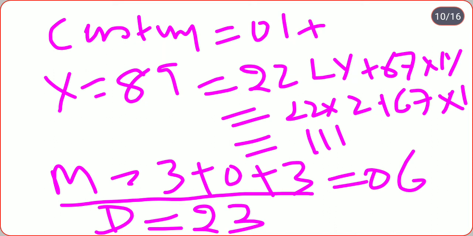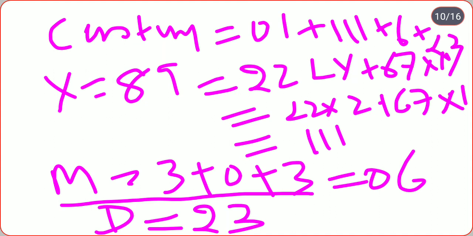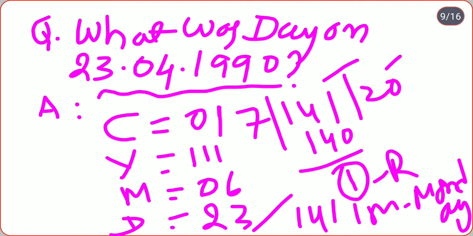So 1 plus century code, year code 111, plus month code 6, plus day code 23. Are you understanding? Total 141 divided by 7, so the remainder is 1. So the day code, remainder 1, is equal to Monday.